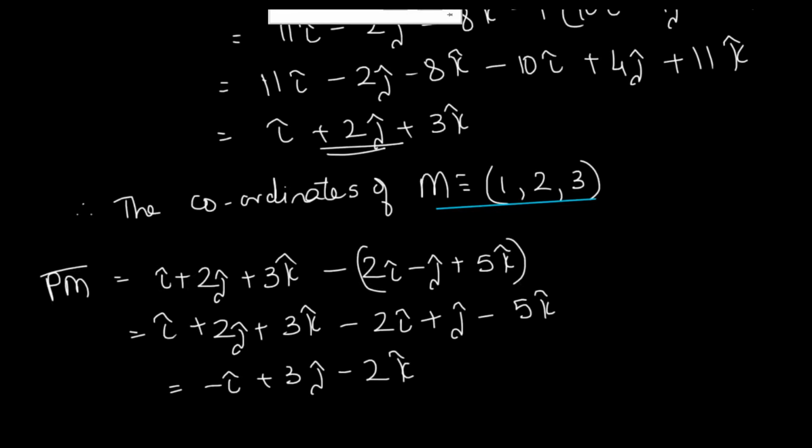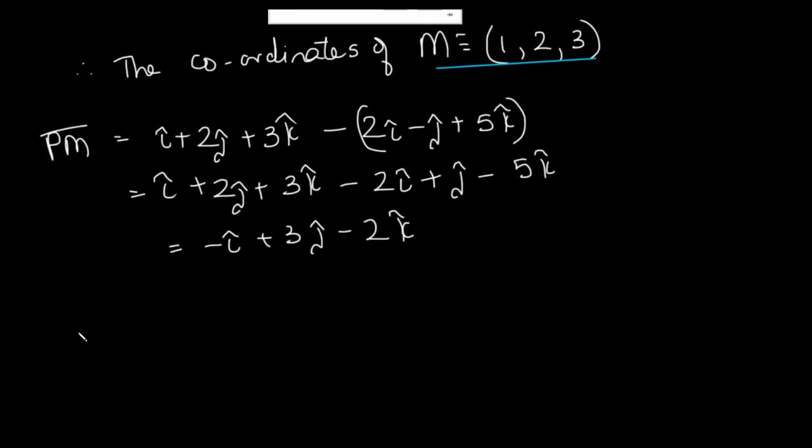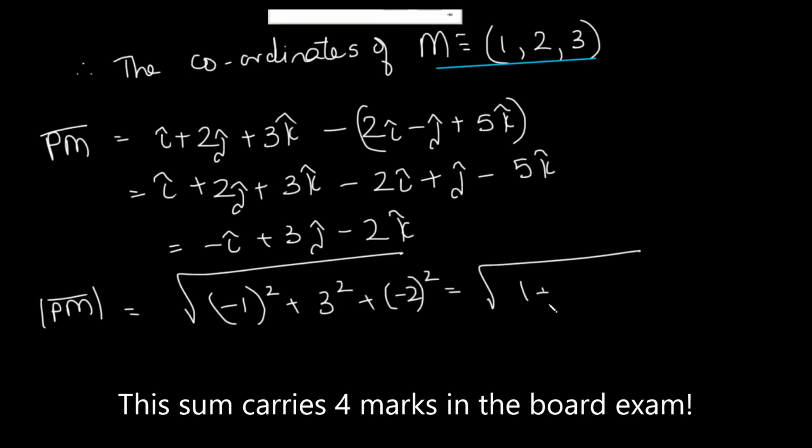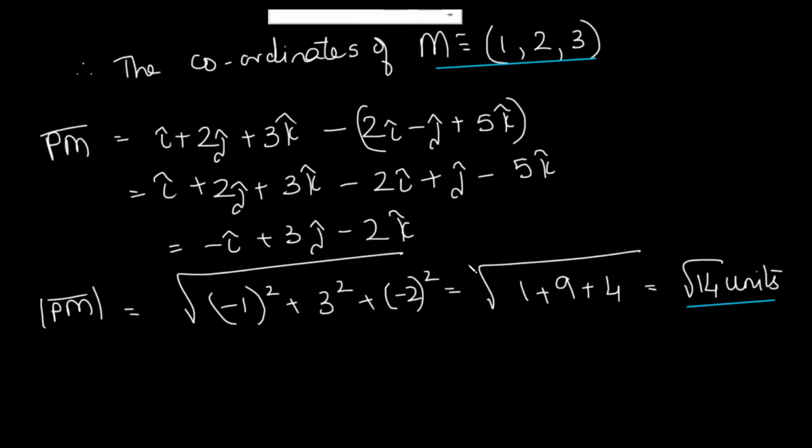Now the distance becomes mod PM bar, the required distance, length of the perpendicular, which is root of minus 1 square plus 3 square plus minus 2 square. So this becomes the second answer actually. The question was in two parts: find the coordinates of the foot of the perpendicular, and also find the length of the perpendicular. So both the answers we have found out.